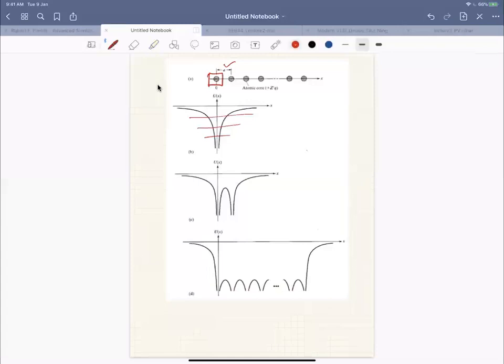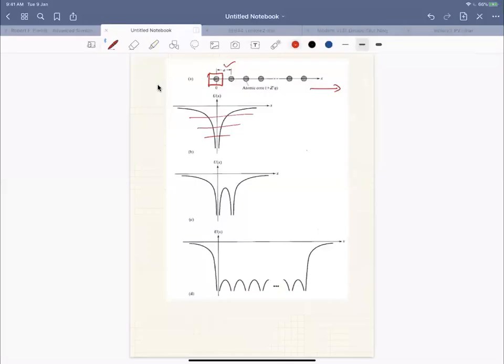Similarly, if I have a third atom, its potential energy will also interfere with the potential energy of the second and first atoms. So if you bring atoms together and plot, let's say this is the distance x, with a few atoms, the potential energy along x will look like this. The distribution of this potential energy will depend on the value of a.